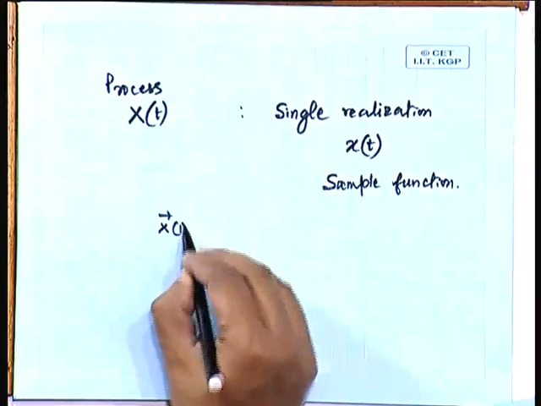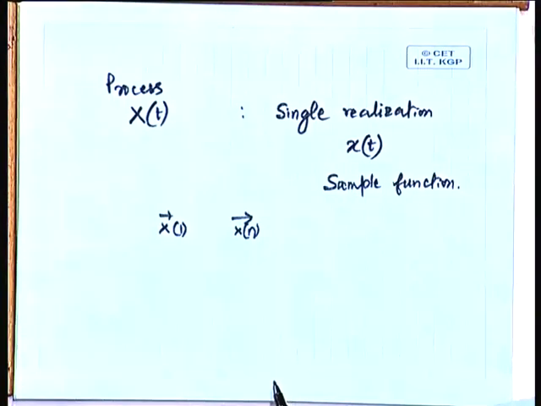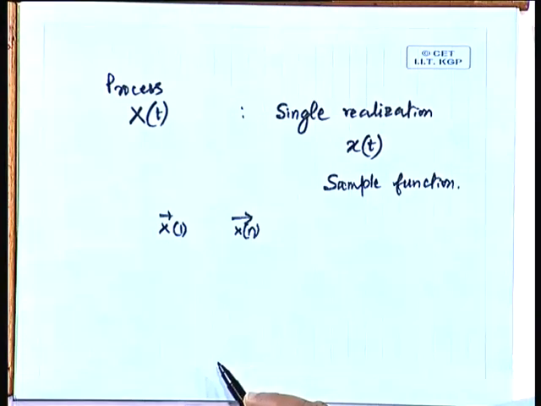Let us say that x vector 1, x1 to xn, these you take. In that case, this x1 vector, x2 vector up to xn vector, what you have taken is actually a single realization, a single instance of the whole process x.